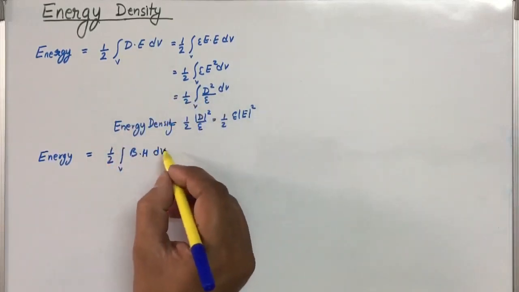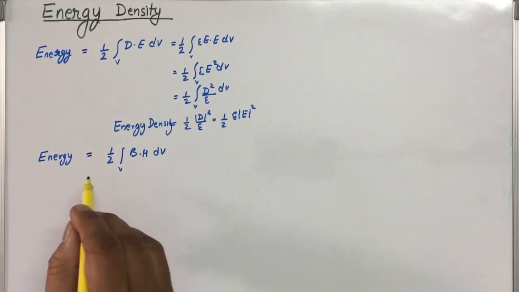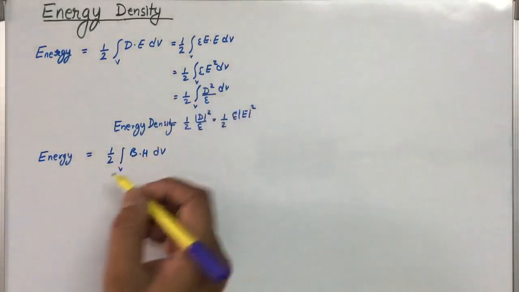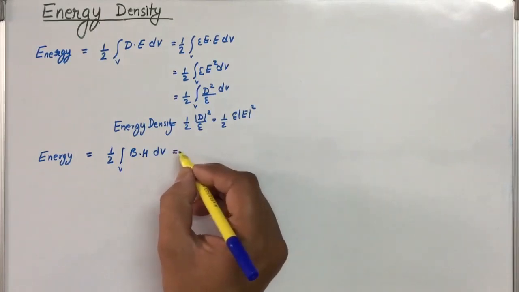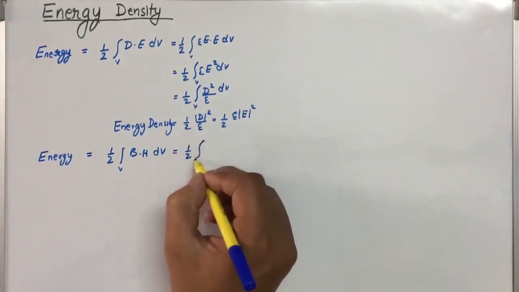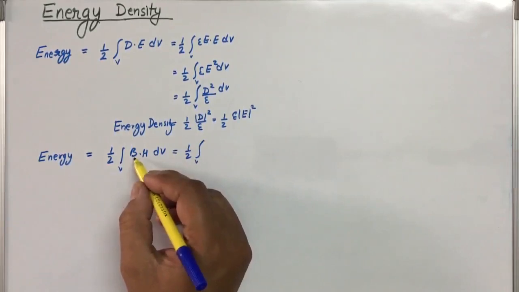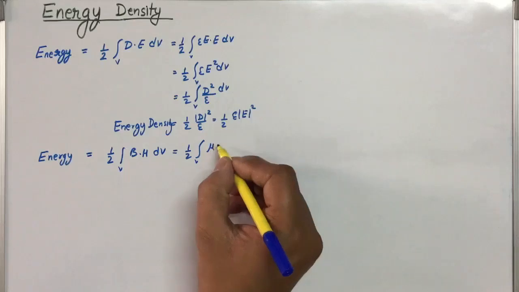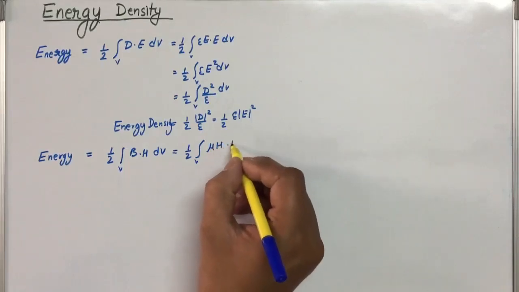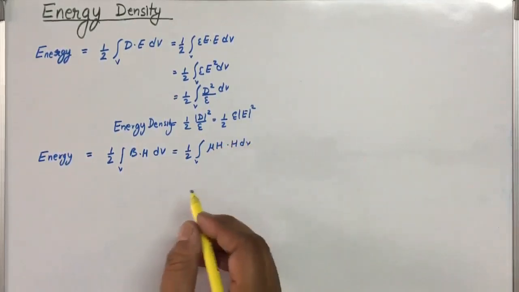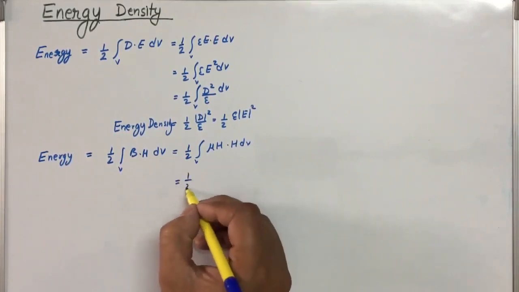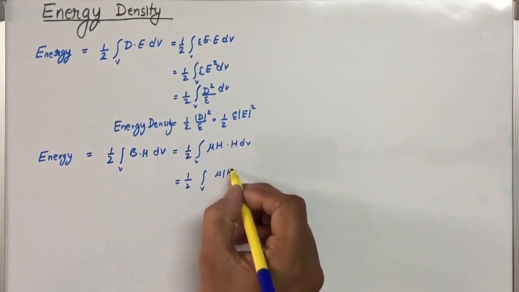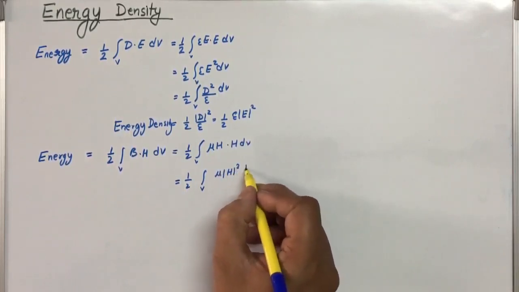Similar to that, we can find the energy in the case of the magnetic field. If we simplify similar to that, it can be written as half volume integral of B, which is permeability times intensity, dot product with H, volume integral. After simplification, we have volume integral of permeability times intensity square dV.